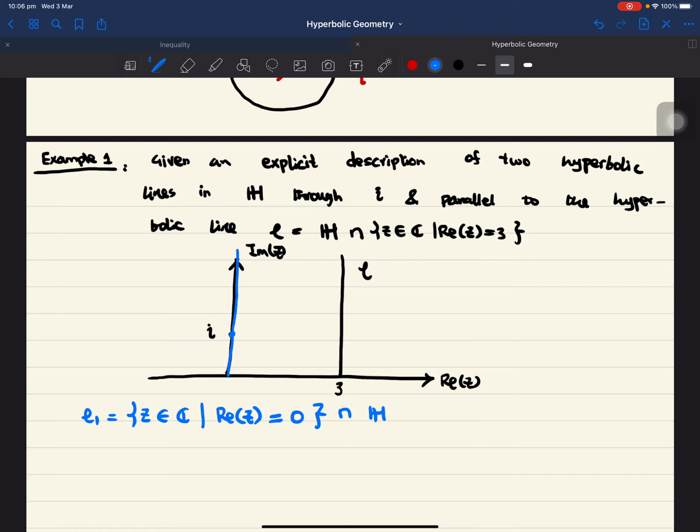And for the second line, we can construct a Euclidean circle passing through I that is centered at the origin and has radius 1, so we can set the modulus of z minus 0 squared equal to 1.